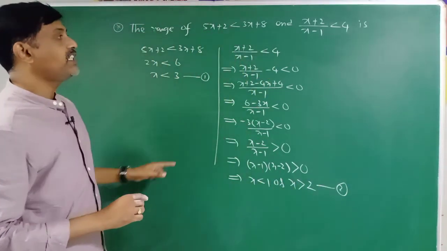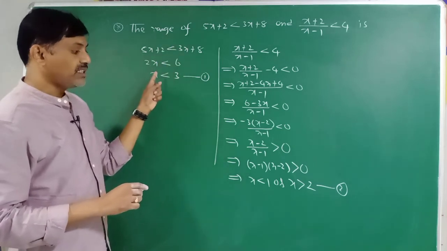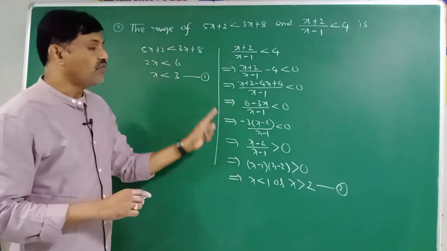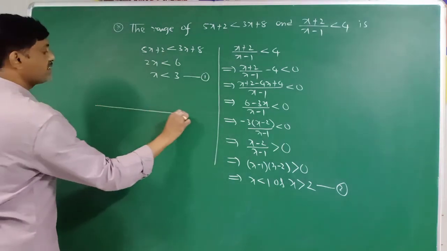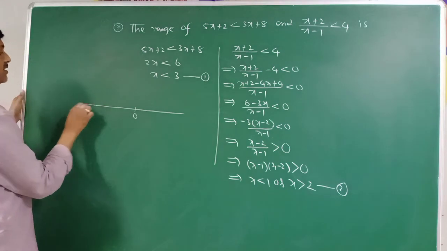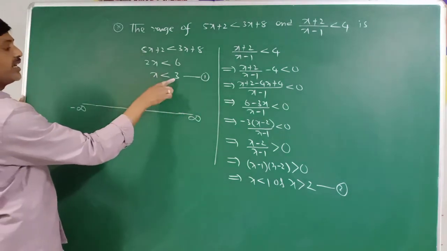Now we have to write the range of both, that is, the common solution for 1 and 2. Draw one real line. This is 0, this is minus infinity, this is infinity. The first inequation: x is less than 3.